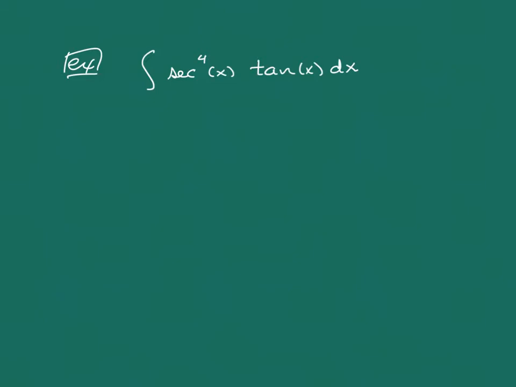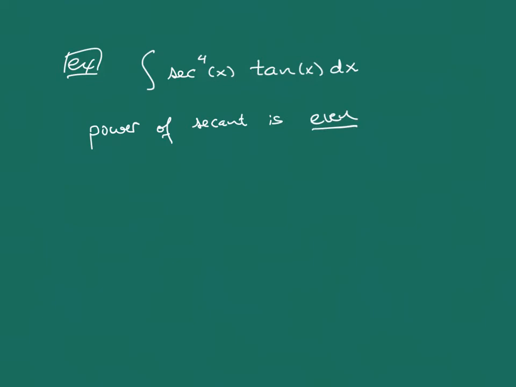The first case that we were looking at is what we can do when the power on secant happens to be even. So that's our first strategy: the power of secant is even. What happens in that case?